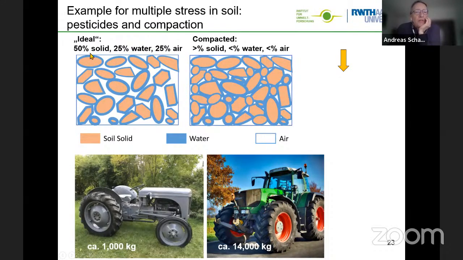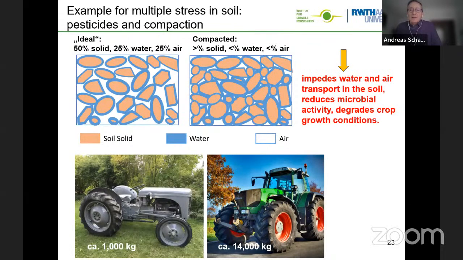Here you see the composition of solids, water, and air of a so-called ideal soil. And if this soil is compacted by such heavy machinery, the combination of these three important components, which also trigger the biological activity of the soil, is different and impacted. So compaction will impede water and air transport in the soil. It will reduce microbial activity, and it will also have an effect on growth of crops.